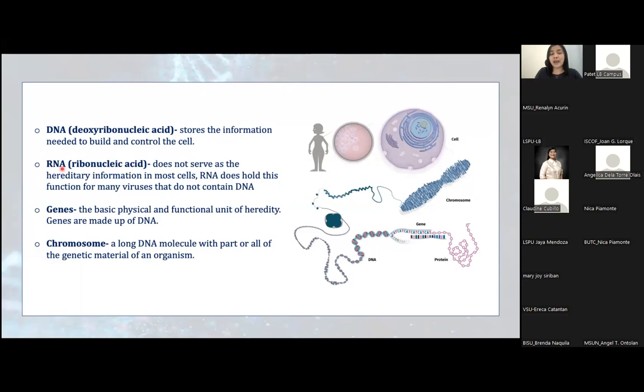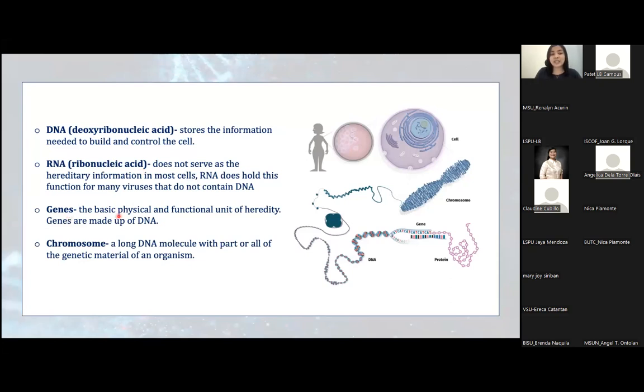And we also have RNA, ribonucleic acid. Remember that it does not serve as the hereditary information in most cells. However, for some viruses, this will serve as their genetic material.